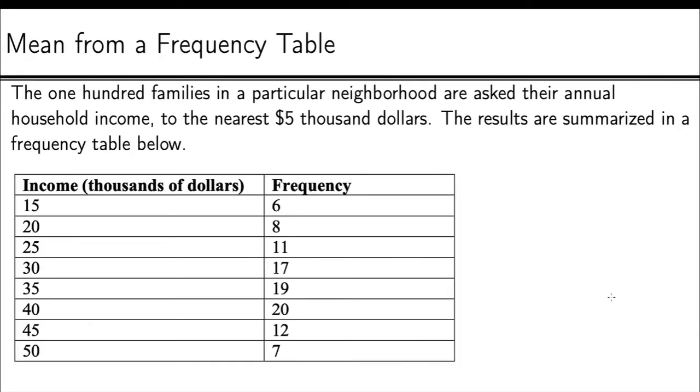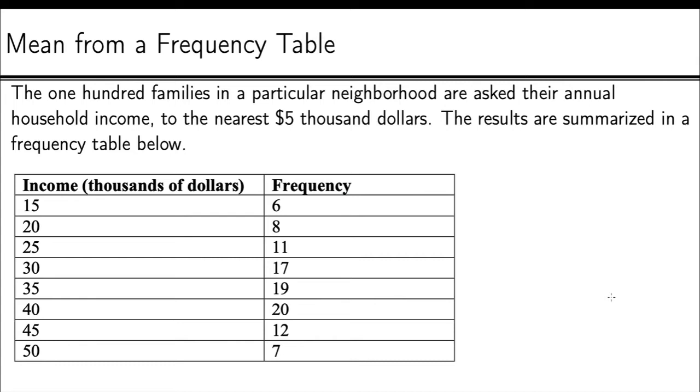Now, sometimes your data will be presented in a frequency table. And we'd like to be able to calculate the mean from that. So here's an example. We have 100 families in a particular neighborhood that are asked their annual household income to the nearest $5,000. The results are summarized in the frequency table below. We'd like to calculate the mean of this.